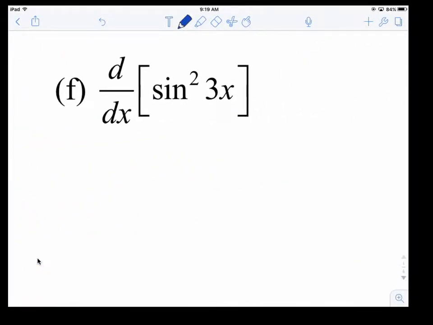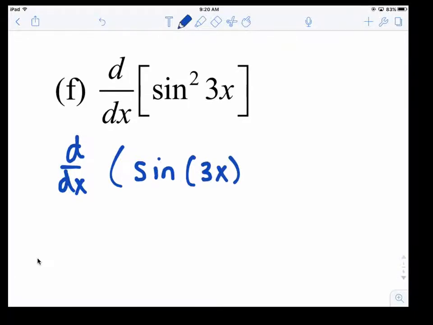All right, so I got sine squared of 3x. I want to rewrite that again. Now the squared up here in sine squared, I can put on the outside. So you have sine of 3x, squared.